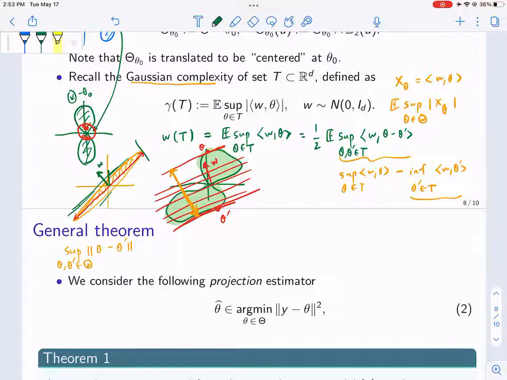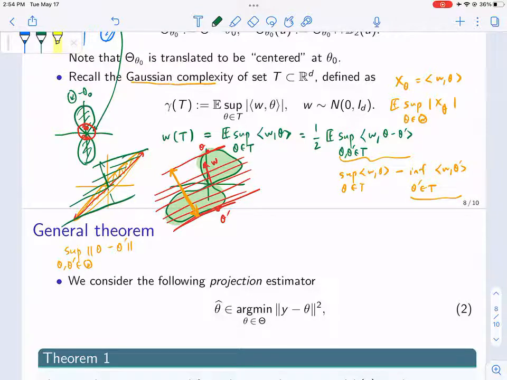The best case is when W is in this direction, and the width gradually changes.